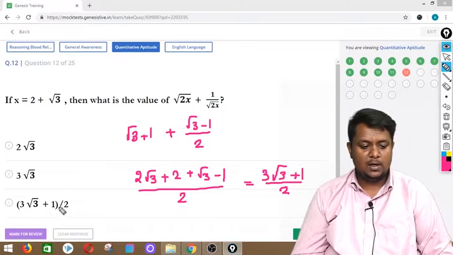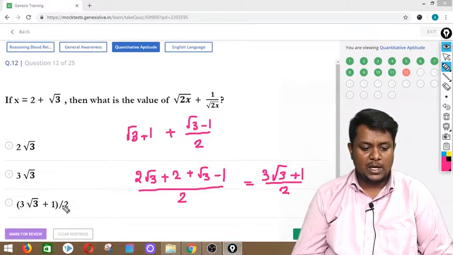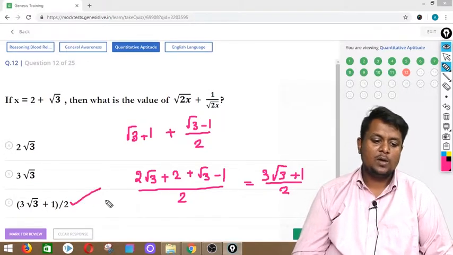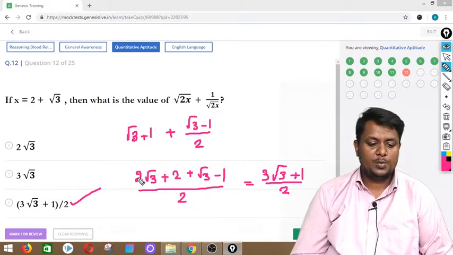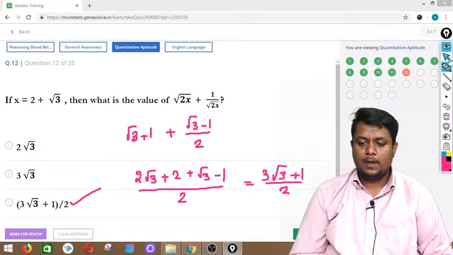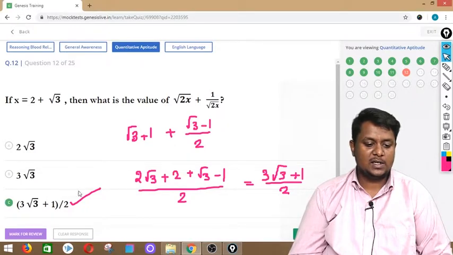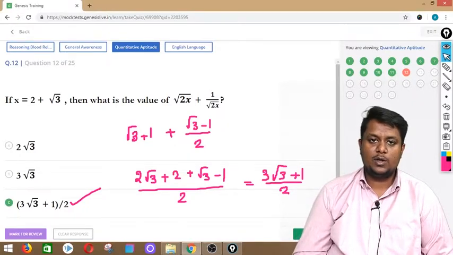So if you see here, option C says 3 root 3 plus 1 divided by 2. We will mark that particular option as the right answer. So option C is the right answer here, and we will move on to the next question.